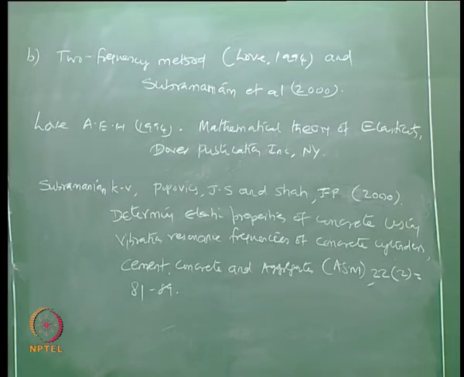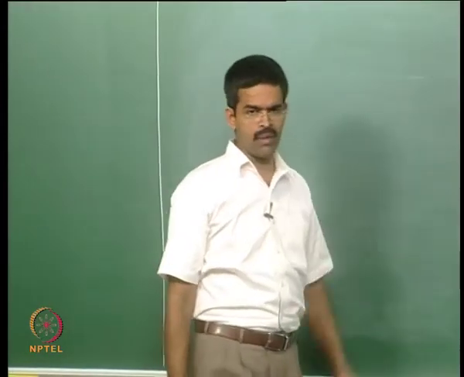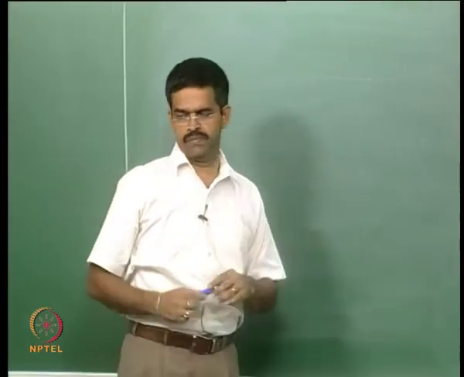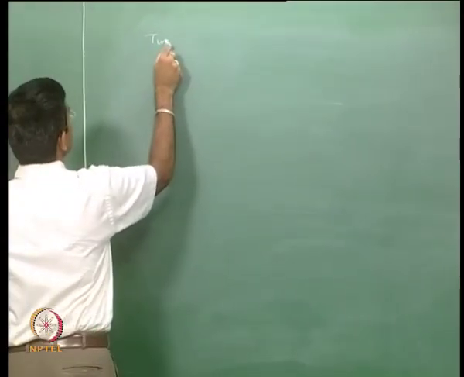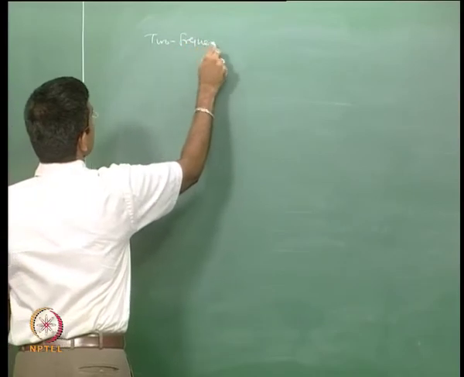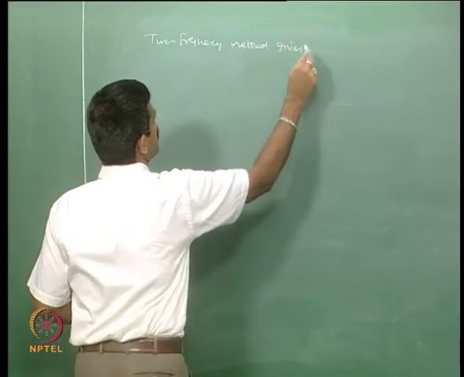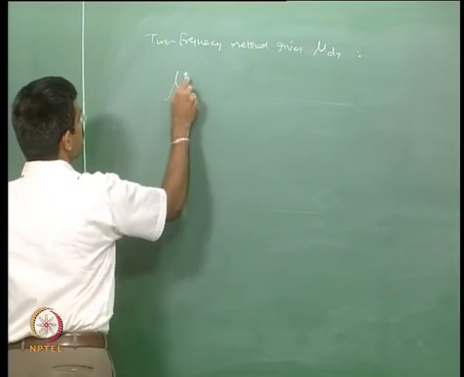According to this technique, two frequencies are used, which first identify the dynamic Poisson's ratio, then based on mu dynamic, Young's modulus or the modulus of elasticity dynamic is estimated. So, the two frequency method gives mu dynamic as below.